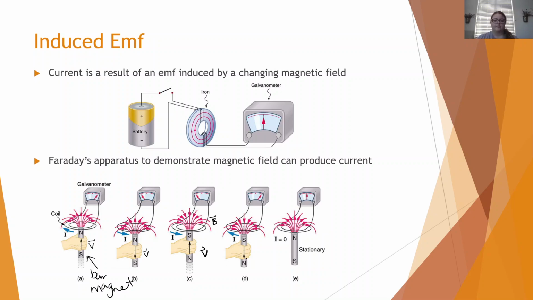We can continue with this velocity, again, south and north. We have our B field in the same direction as we had it in the last one. The difference here is that our current has now changed direction. When you're going through these, it really takes some time for our brains to get used to it.